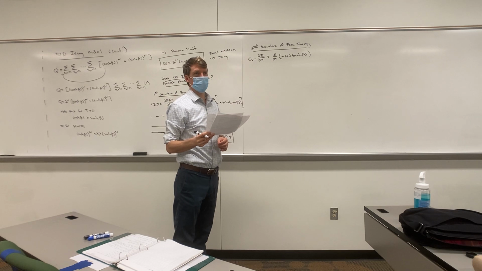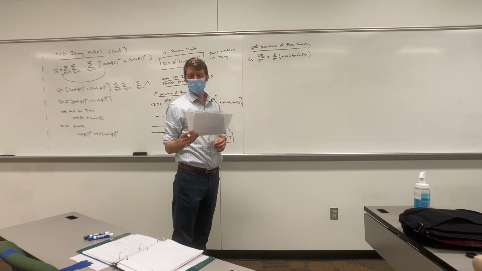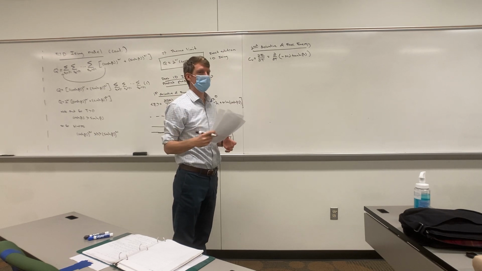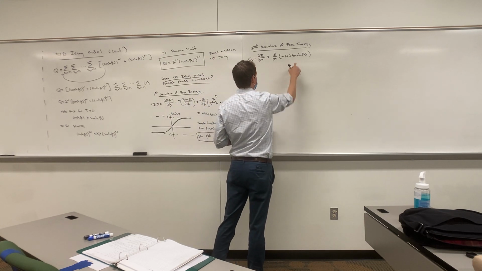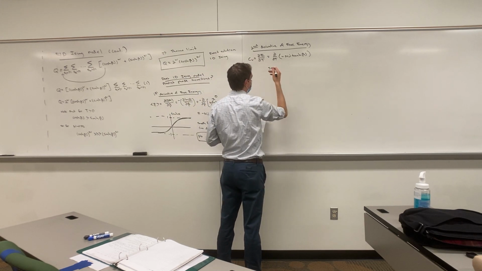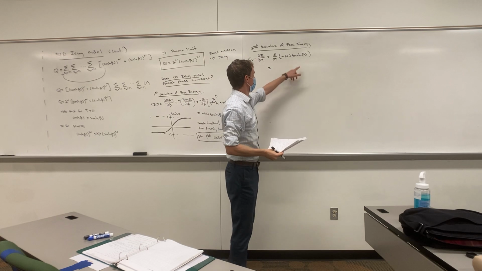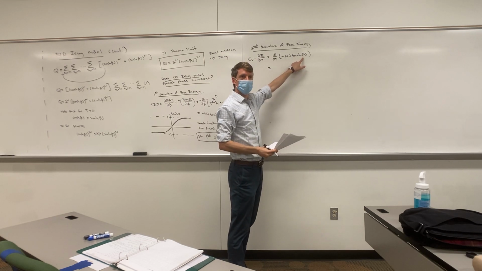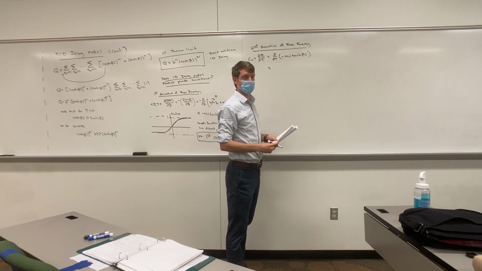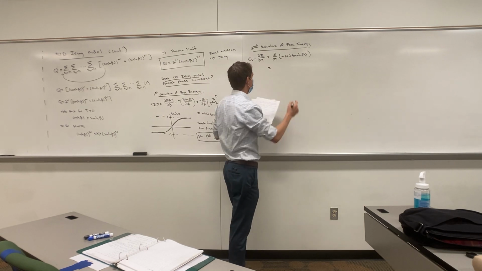The hyperbolic derivatives are just like the trig derivatives: secant squared. Okay, so the derivative of this is secant squared. And the only trick is we need a d beta/dT. So d beta/dT is minus 1 over k T squared, or minus k beta squared.